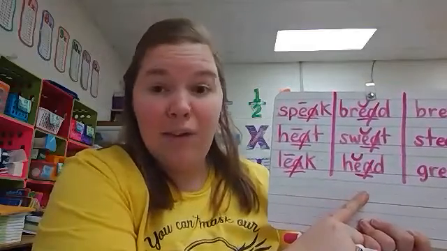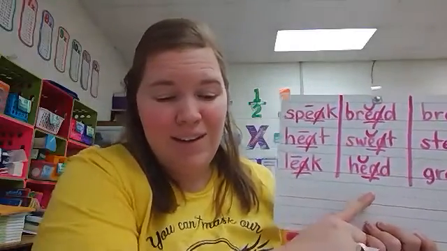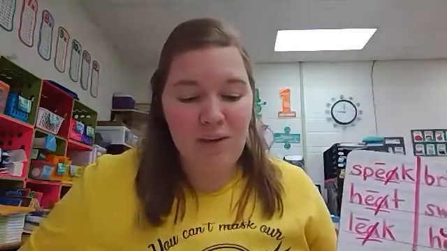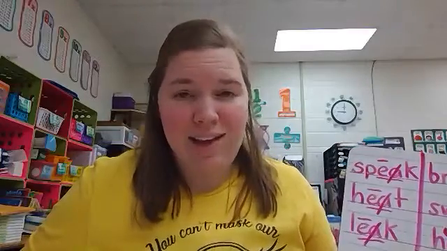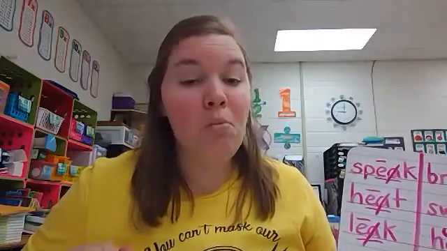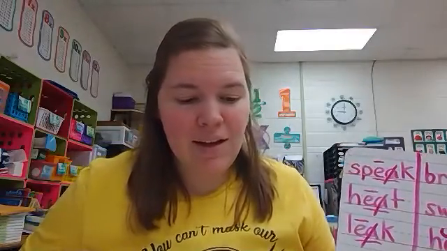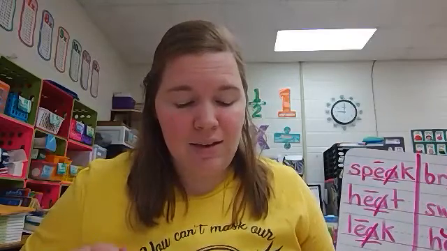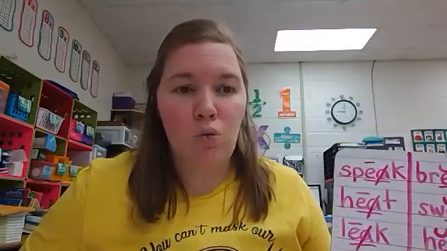Digraph EA also makes one more sound. So echo these words and listen for the sound that's the same in each word. Break, steak, great. What sound do you hear in break, steak, great?